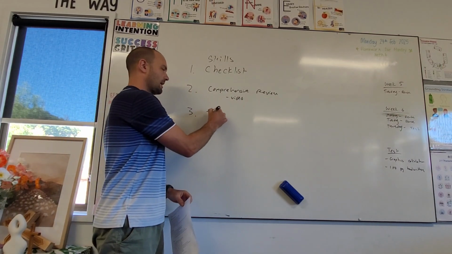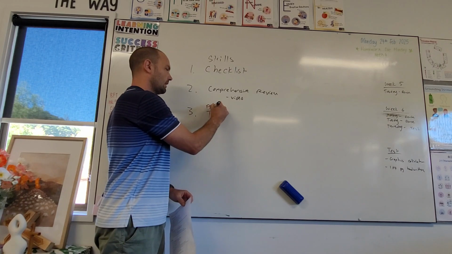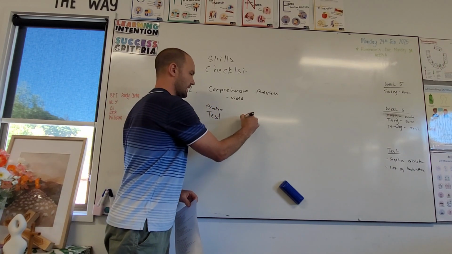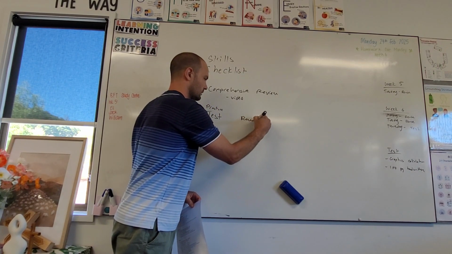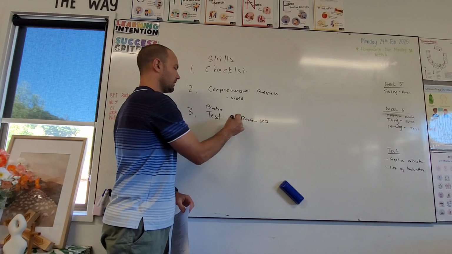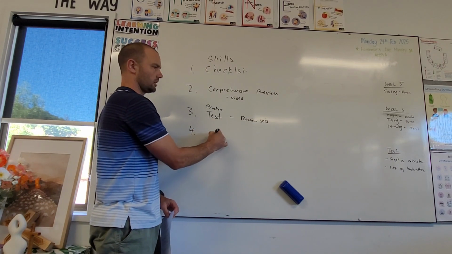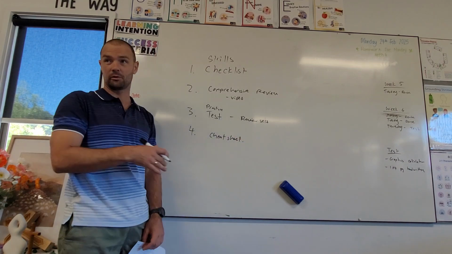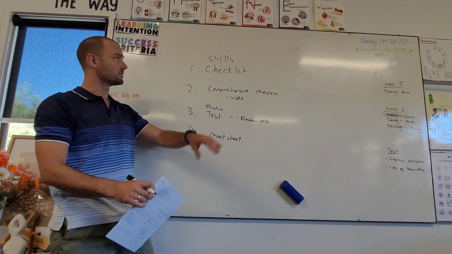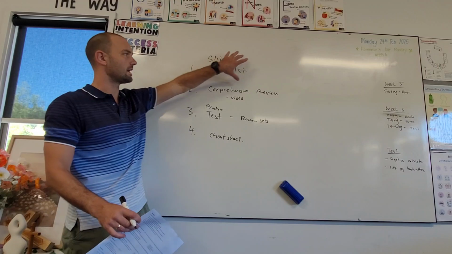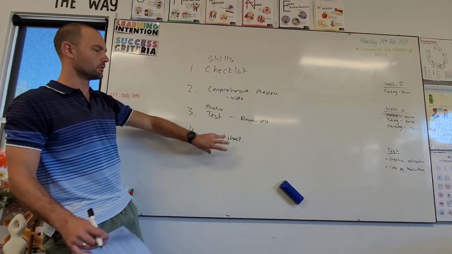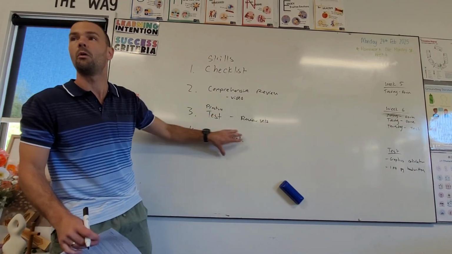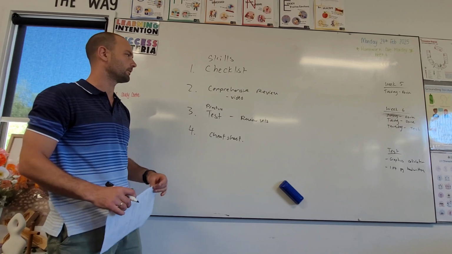Following that, you have the practice test, and you have the review sets. Following that, you can start to put your cheat sheet together. This is my advice, the order I think you should do it in. If we do the skills checklist first, it helps us find out what we need to work on, and those are the things we can put more on our cheat sheet, the things we're not very confident with.